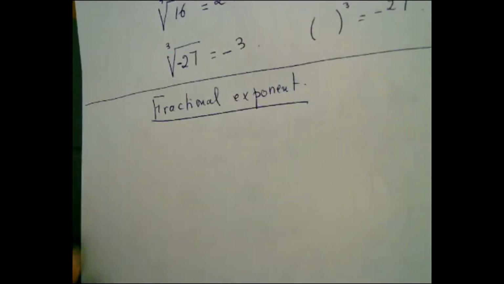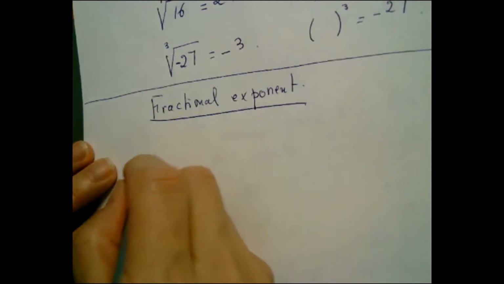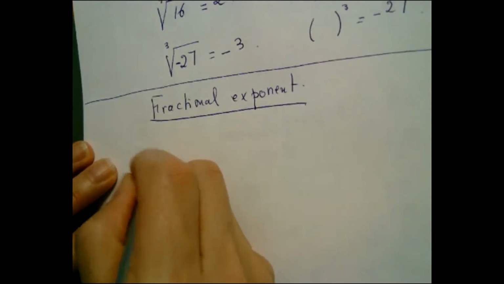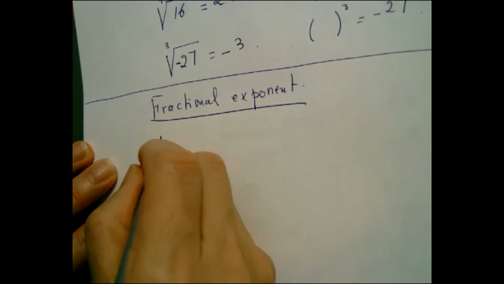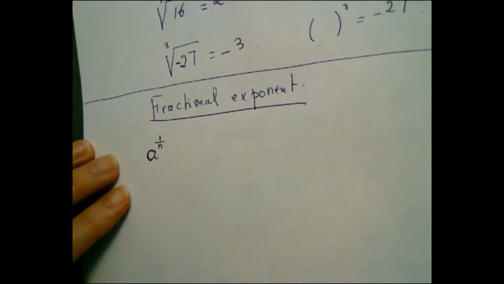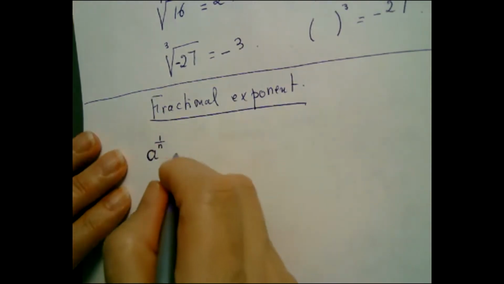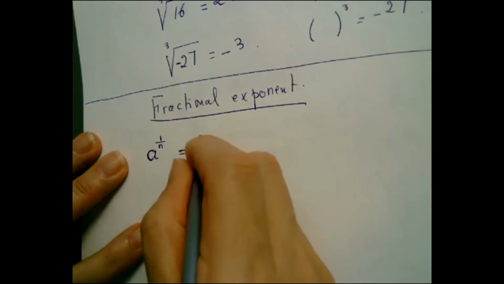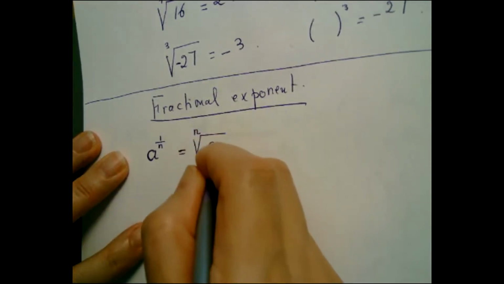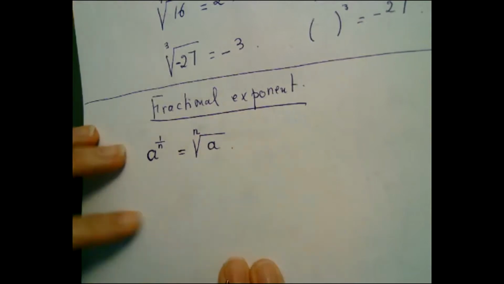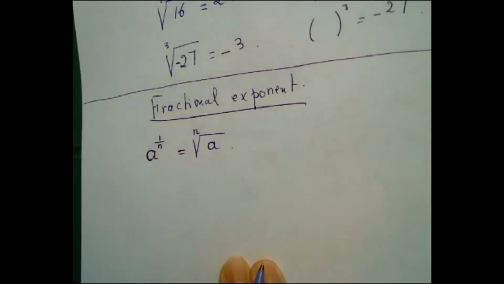Now, fractional exponent. You have a number a, what does a to the 1 over n mean? That's what I mean by fractional. Okay, a to the 1 over n is the nth root of a. So a to the 1 over n is a way to write the nth root of a.